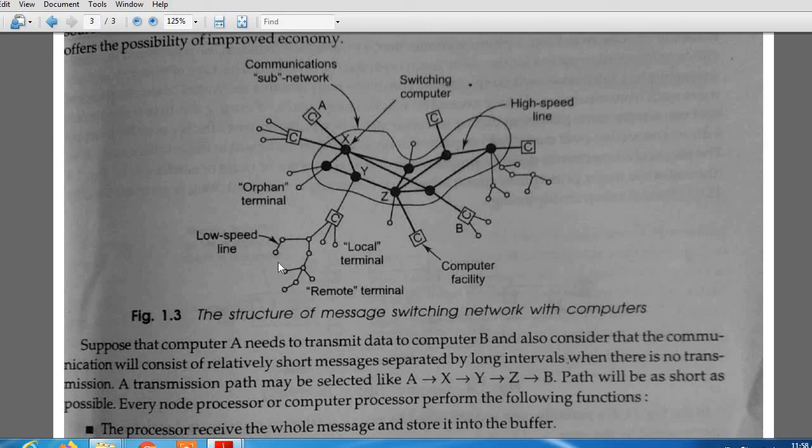Whatever it is running, it first completes that process, and after that it will take the next message. So it is another disadvantage. Some delay will occur whenever there is an urgent situation, and that is out of our requirement. So we can consider that one of the disadvantages of message switching. So this is all about our introduction. Thank you everyone.